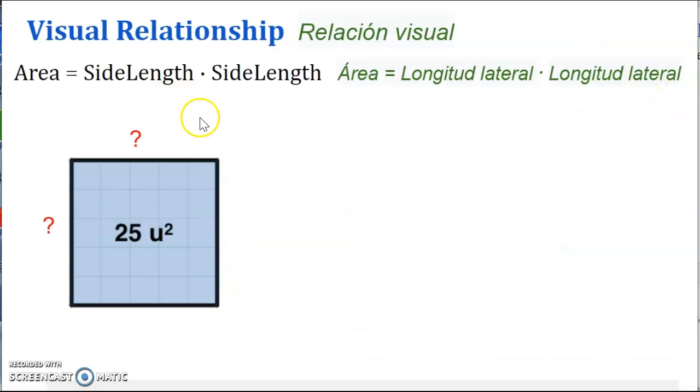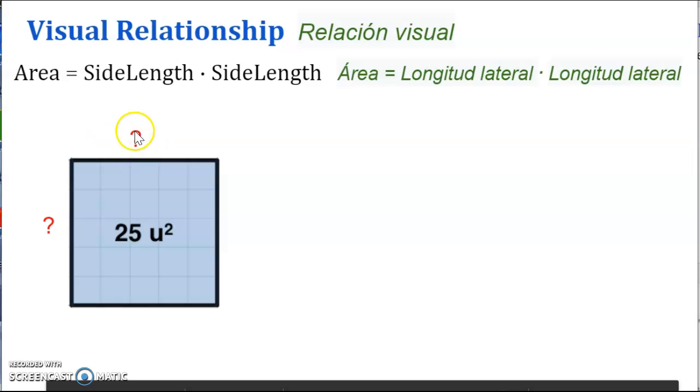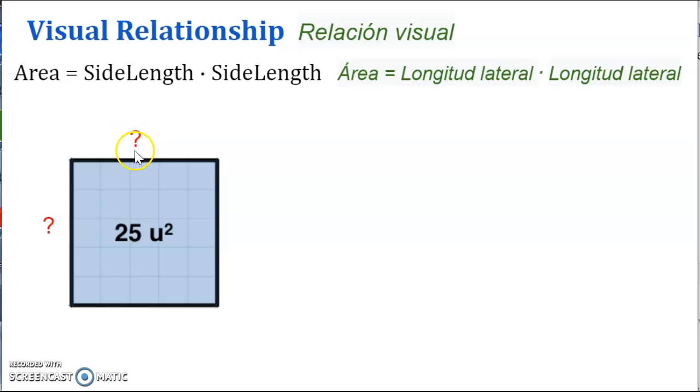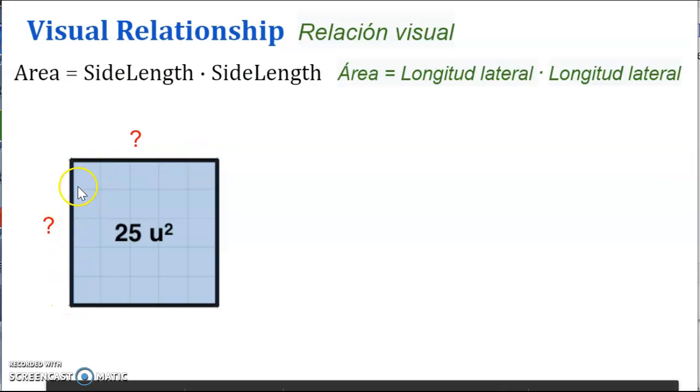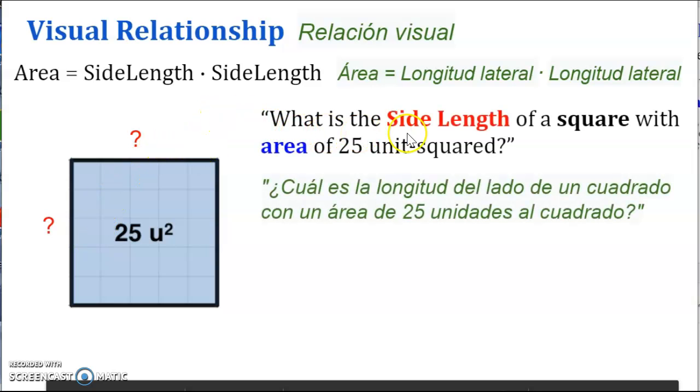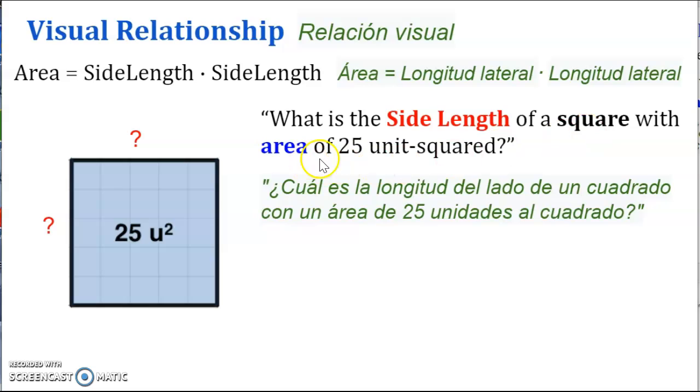Let's explore a visual representation of the square root. Remember, area is side length times side length. To find the area of this square, we multiply this side with this side. But in the case of a square, this length and this length are always going to be the same, right? That's what makes a square. So what is the side length of a square with the area of 25 units squared?